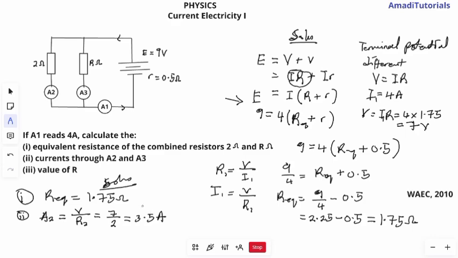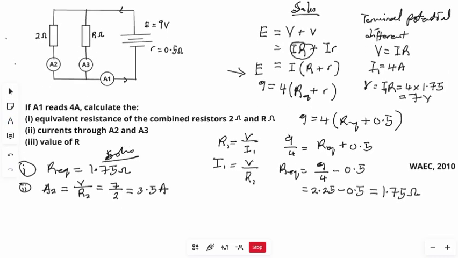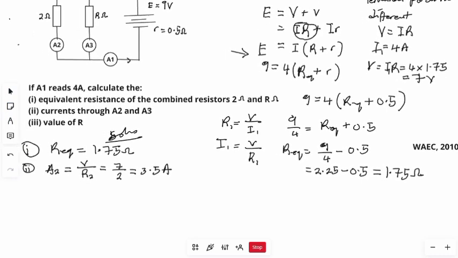So the current through this second resistor, or you say the value of A2, is what? 3.5 amps. So we are going to calculate A3, that's the current through the third resistor. A3.